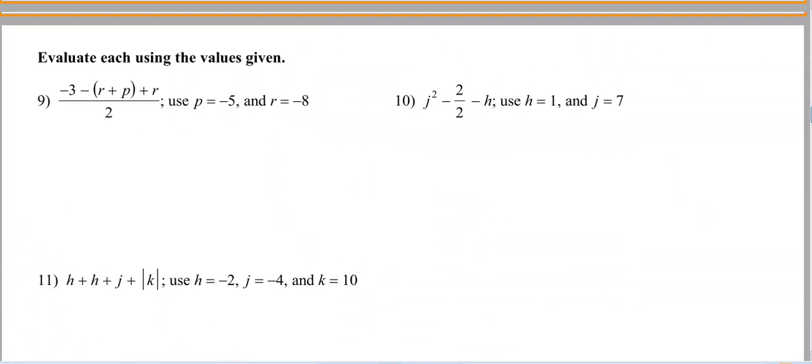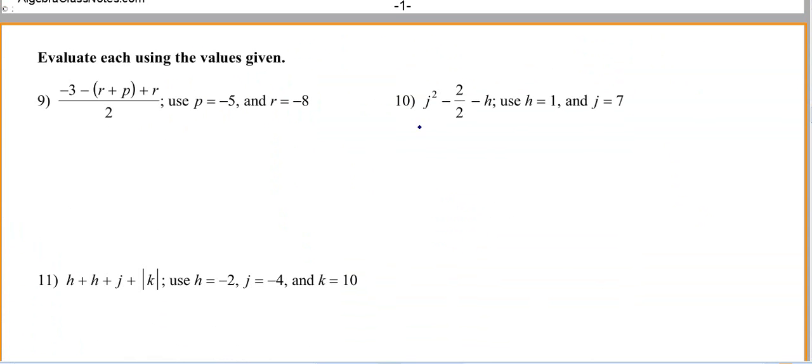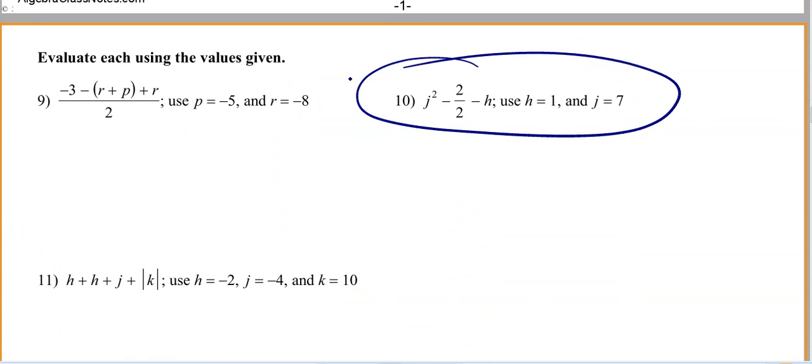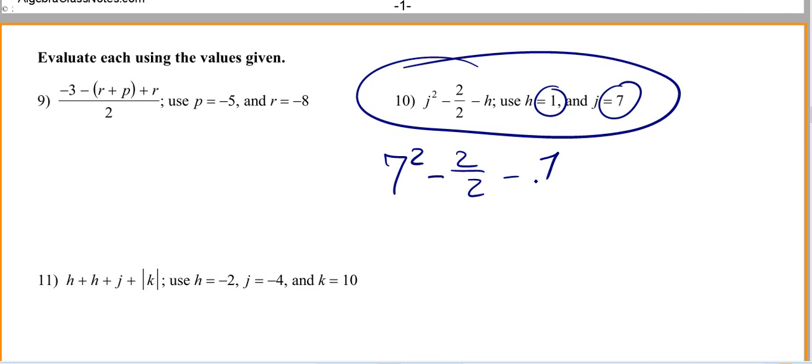It could also be that you get a problem like here where we've got variables, we're given some values for these variables, so we just plug these numbers in. So you've got 7 squared minus 2 divided by 2 minus 1, right? Well, PEMDAS, you may want to keep writing this down.